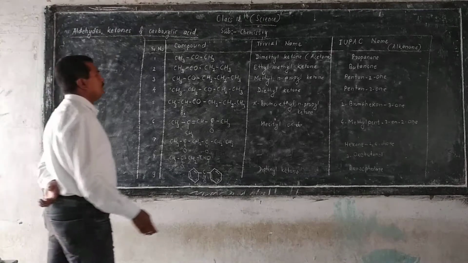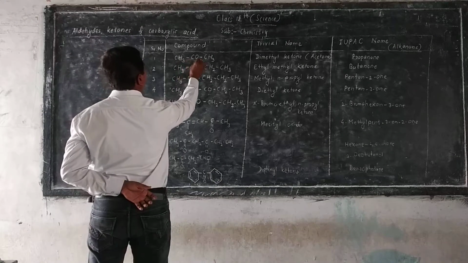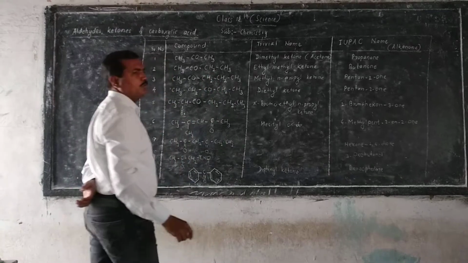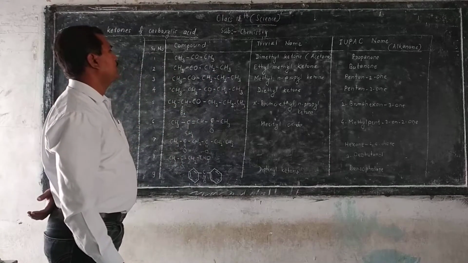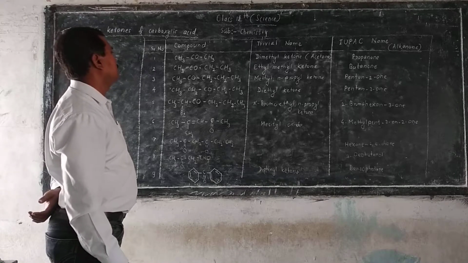The names of aromatic ketones are based on phenone. So here are the trivial names of ketones. Here CH3COCH3. In the trivial or common system we consider the total number of carbon atoms in that structure.